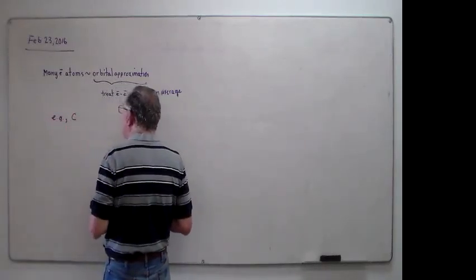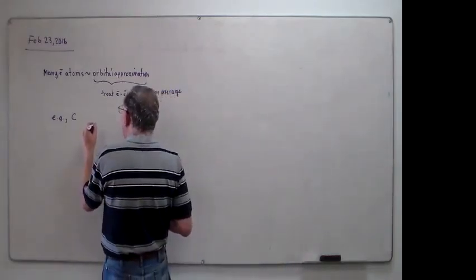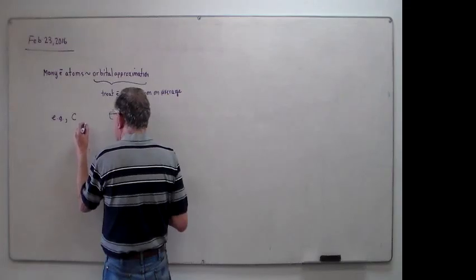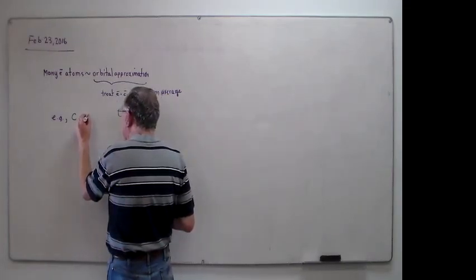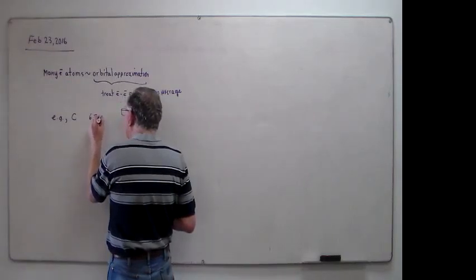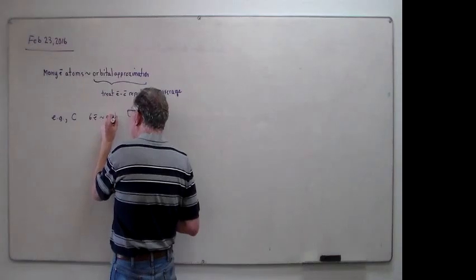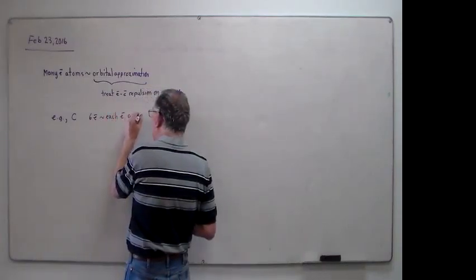So let's take an isolated atom of carbon. What we would have in carbon, our neutral carbon, we have 6 electrons, and each electron goes into an orbital.